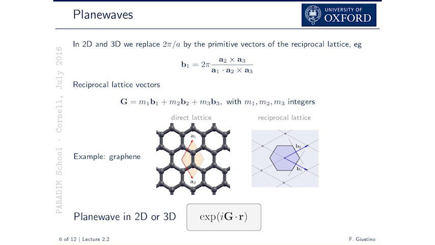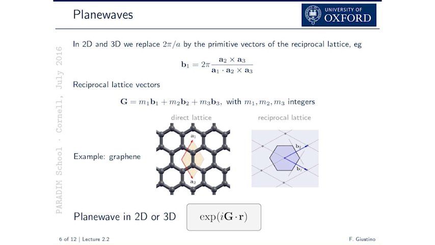So in the output of the code, you will see a number of G vectors or things like that. That refers to how many of those you have. Just to say, in the case of 1D, we had something like exponential i 2 pi n x over a.